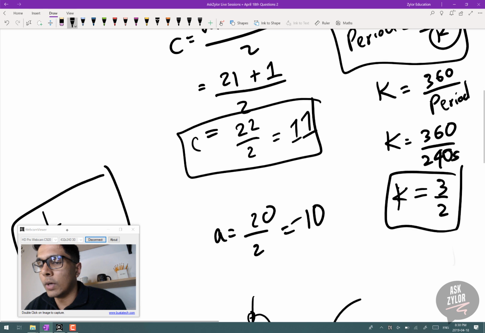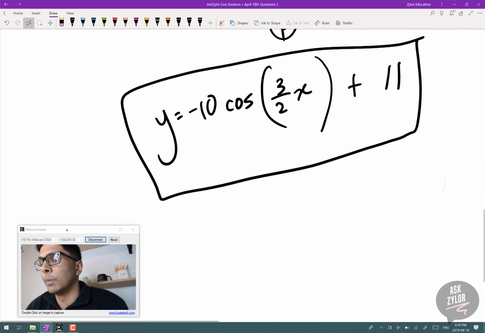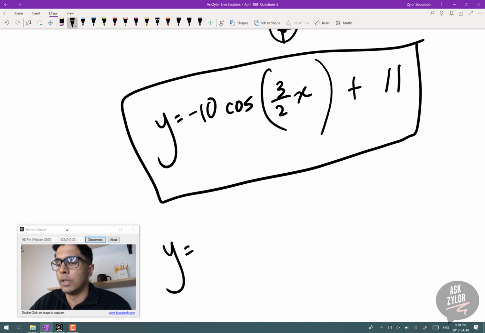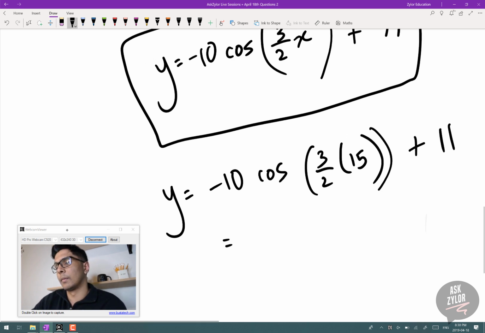So the question is asking me, what is the elevation after 15 seconds? So I can simply plug in 15 to give me negative 10 cos(3 over 2 times 15) plus 11, right?